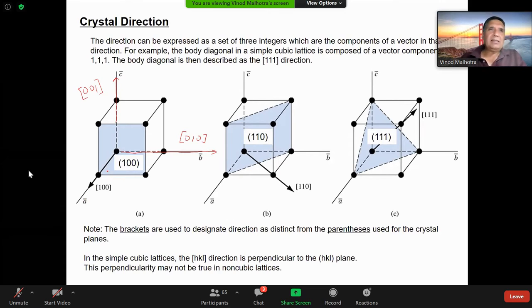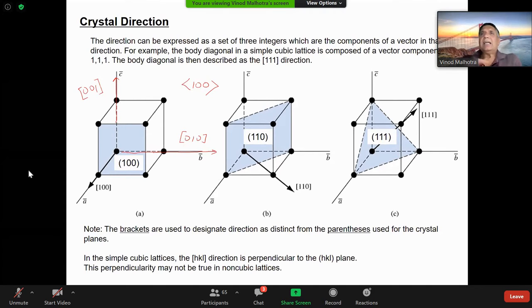And if you look at the nature, you begin to see an atom exactly the same distance as you; the environment is exactly the same as you would have for 100, 001, and so on. So the family of directions is given by this bracket. If I use this bracket, then I'm referring to a family of directions.